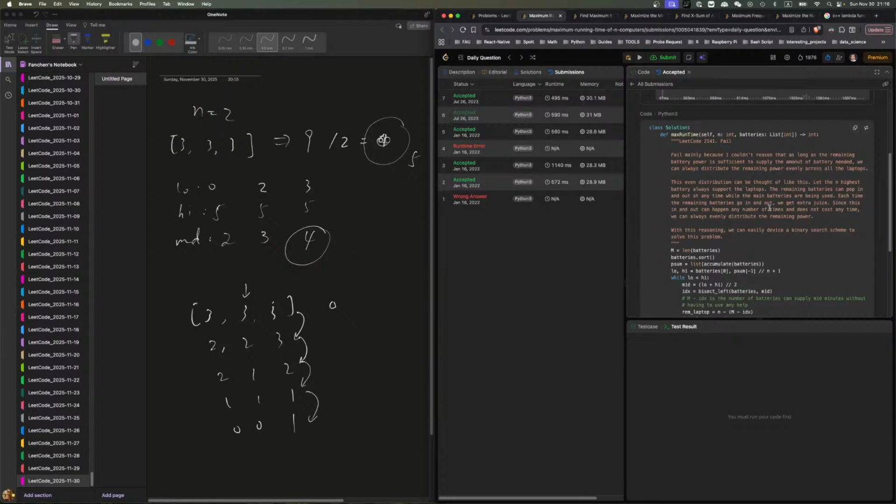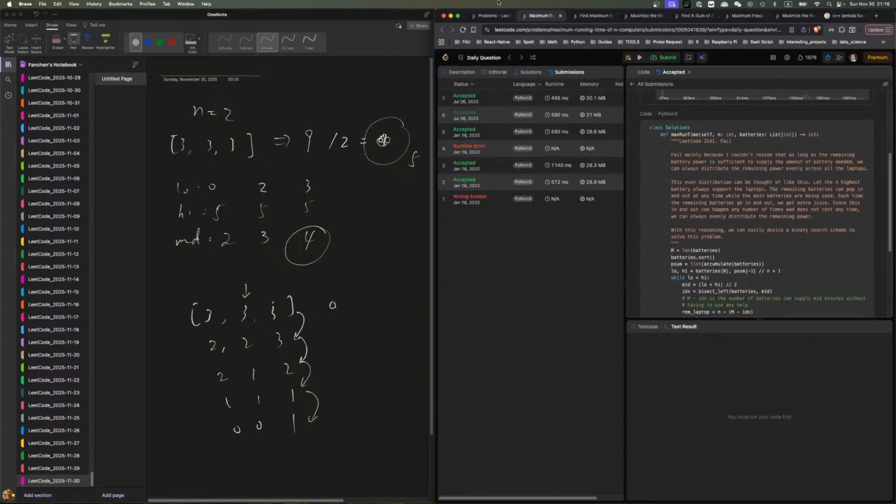It says as long as the remaining batteries are sufficient. So you're saying if it's sufficient, but what if the number of batteries is small?